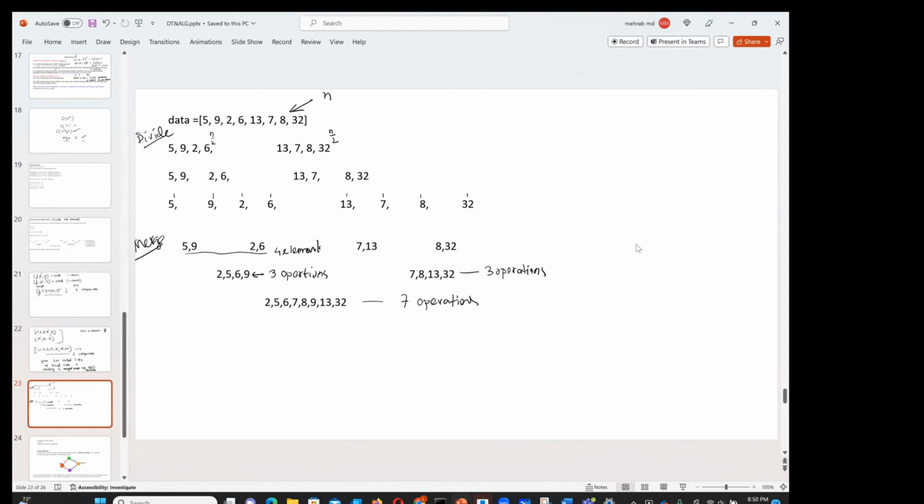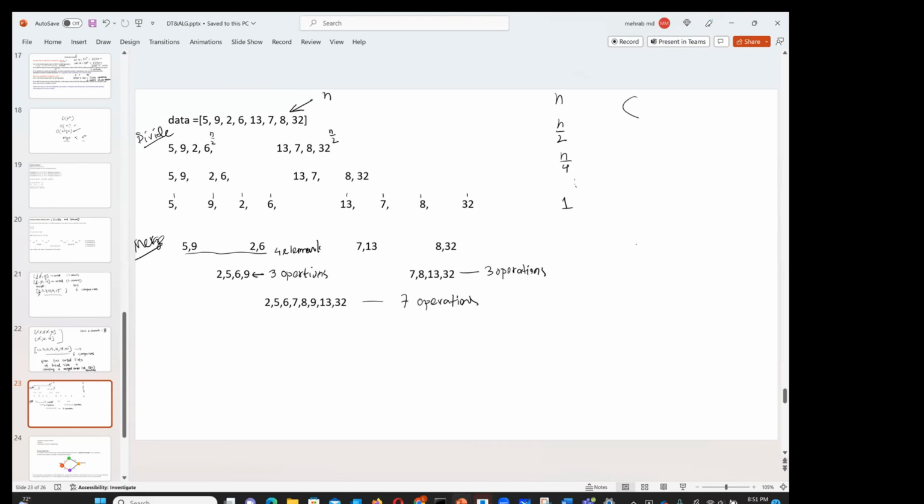Now tell me, every time I'm dividing by 2, right? So from N, I went to a list of size N over 2. From there, I went to a list of size N over 4. I kept on dividing until I got to a list of size 1, right?